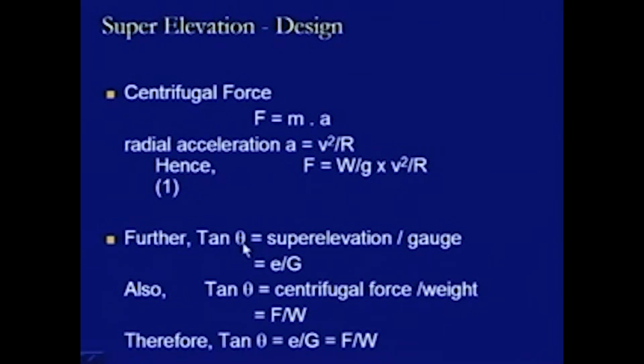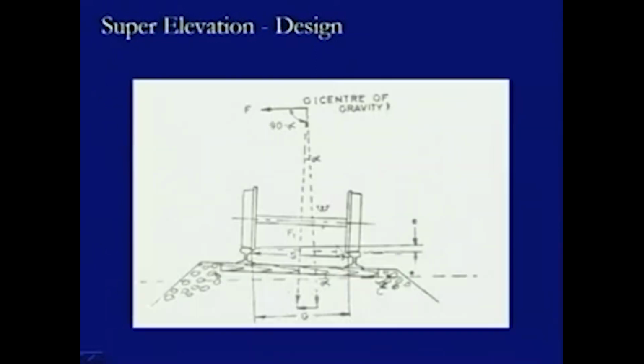When we take the tan of this angle theta, it is nothing but the super elevation divided by gauge. Gauge is taken in this direction, that is G. So, E divided by G is nothing but tangent of this alpha.